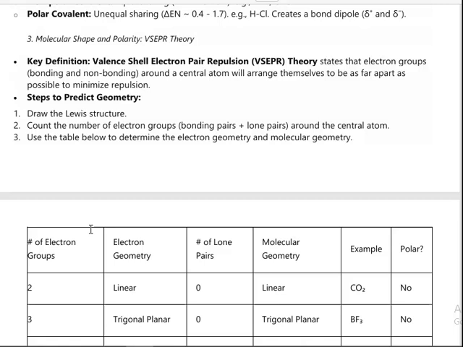In class, I'll be doing a general class talking about Lewis theory and VSEPR theory.